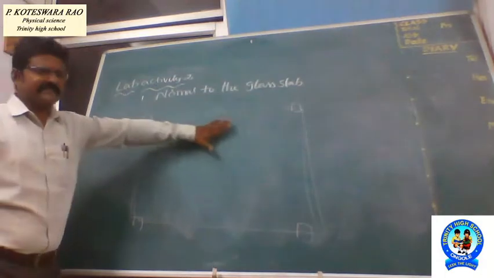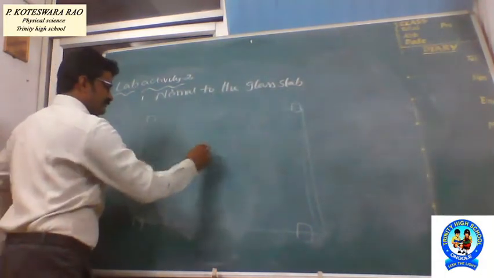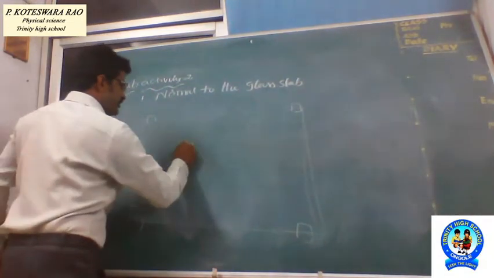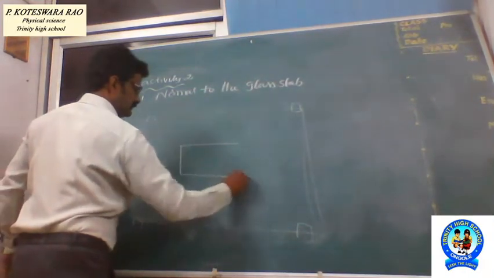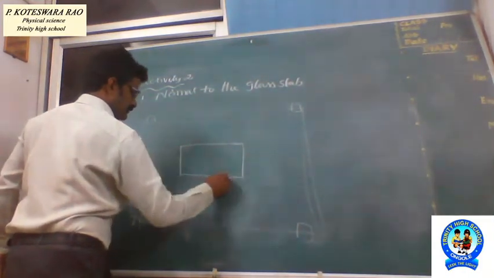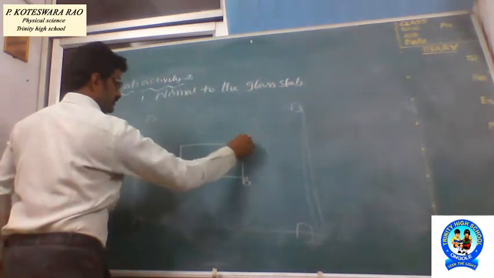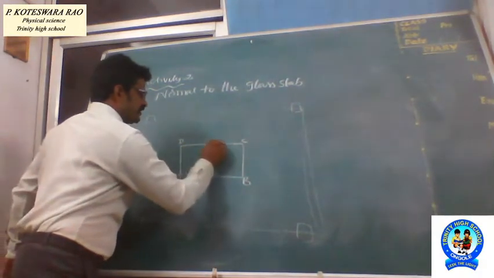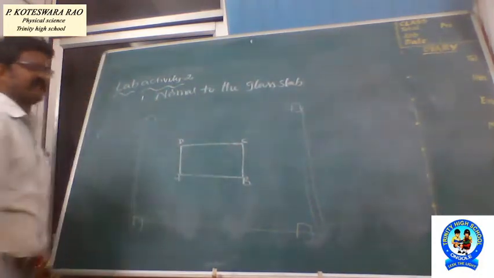Then at the center of this white chart, place the glass slab, and we draw the outer edges of the glass slab, A, B, C, D, with the help of the pencil.